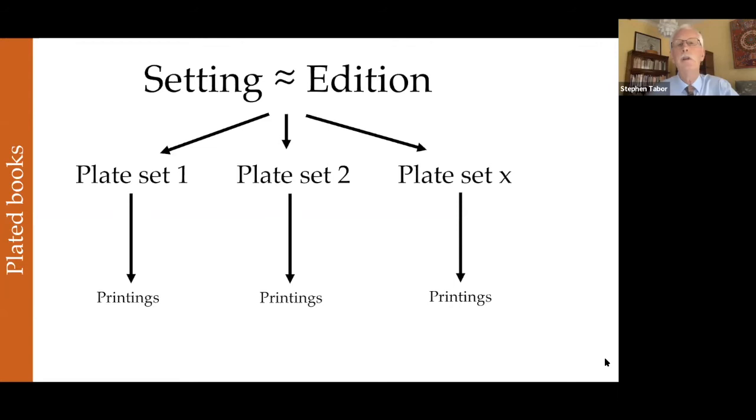In the 20th century, metal plates got replaced by offset plates made by photographing the original setting. The principle is the same. A single setting could be duplicated on as many sets of duplicate plates as needed.